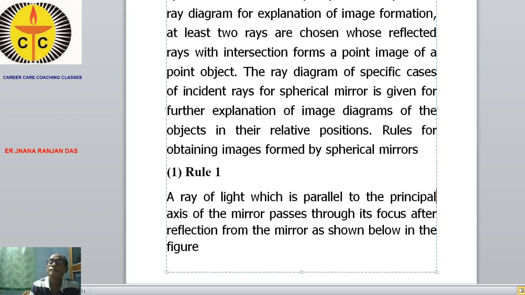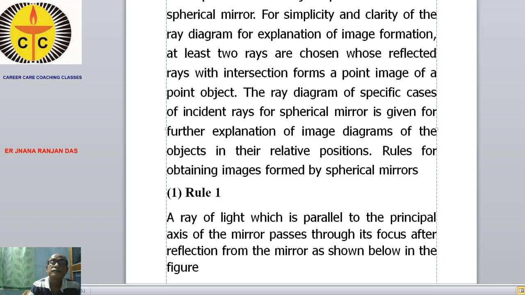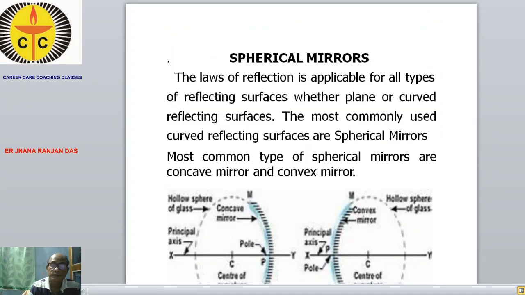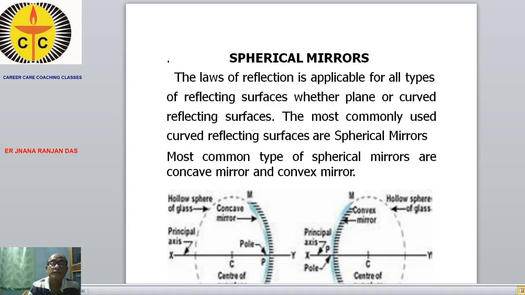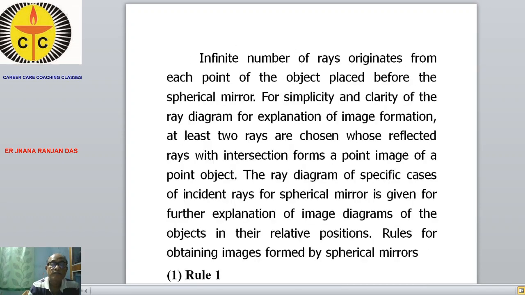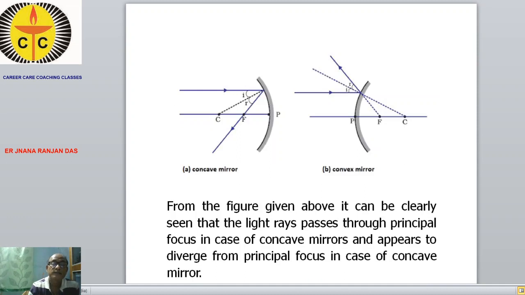See the figure. So when rays come parallel from the source, after reflection they will pass through the focus.